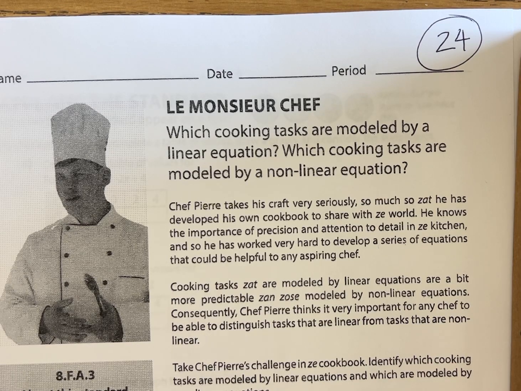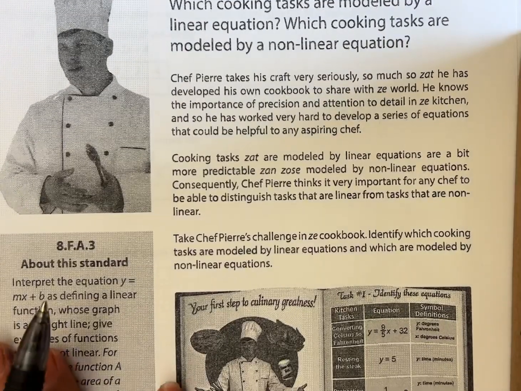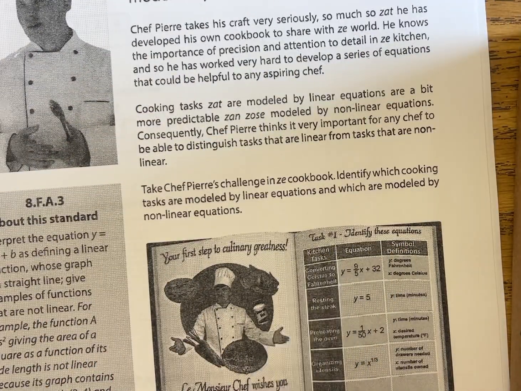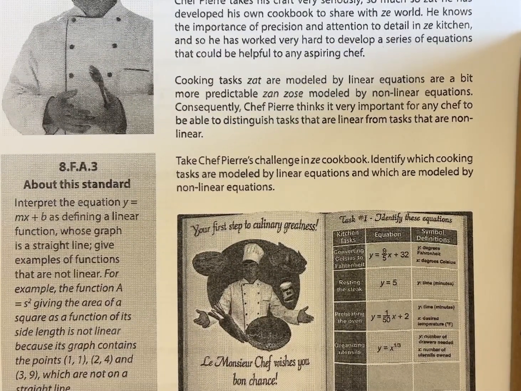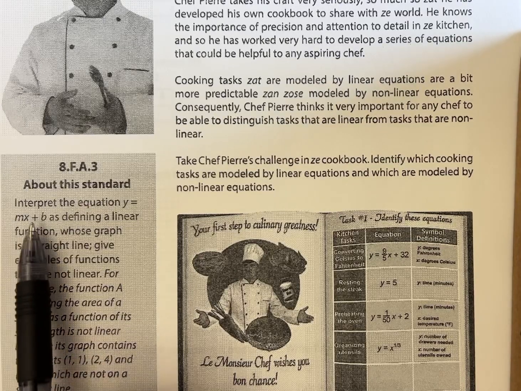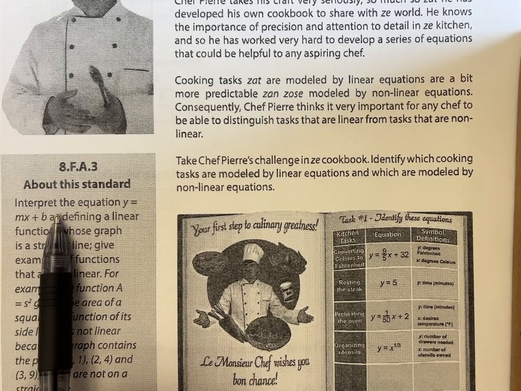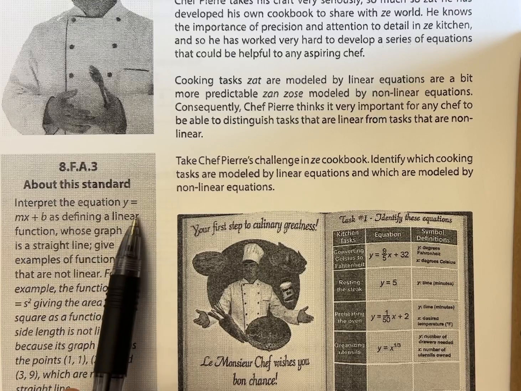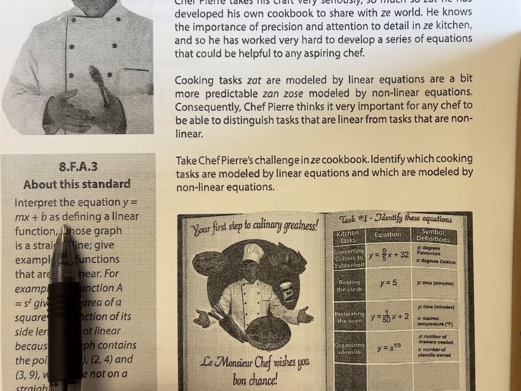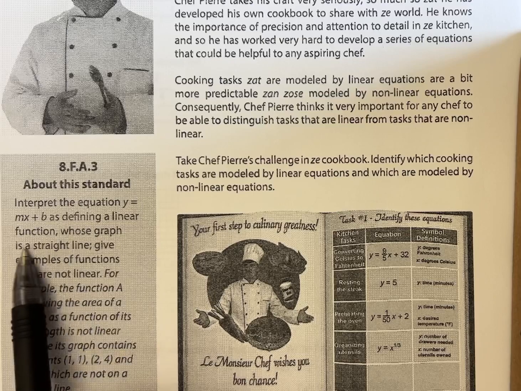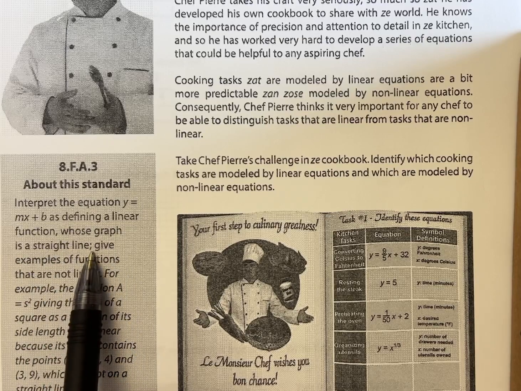Okay, so for this one, I'm gonna look down at my equations. So here, if you look at it, it says interpret the equation y equals mx plus b as defining a linear function whose graph is a straight line.